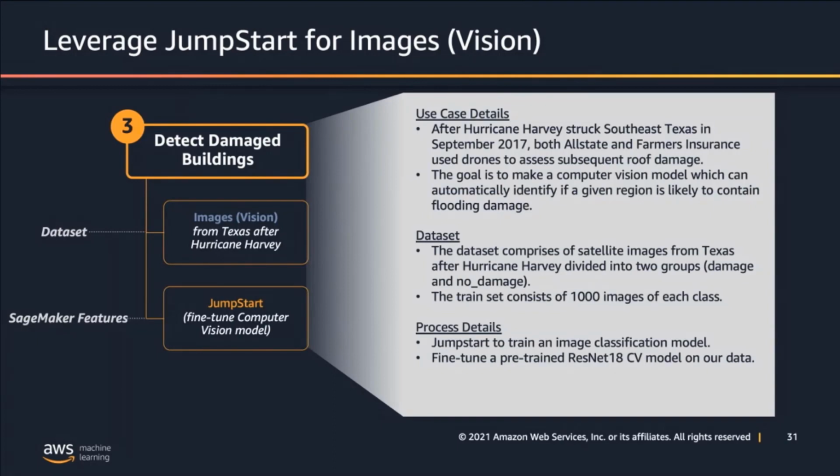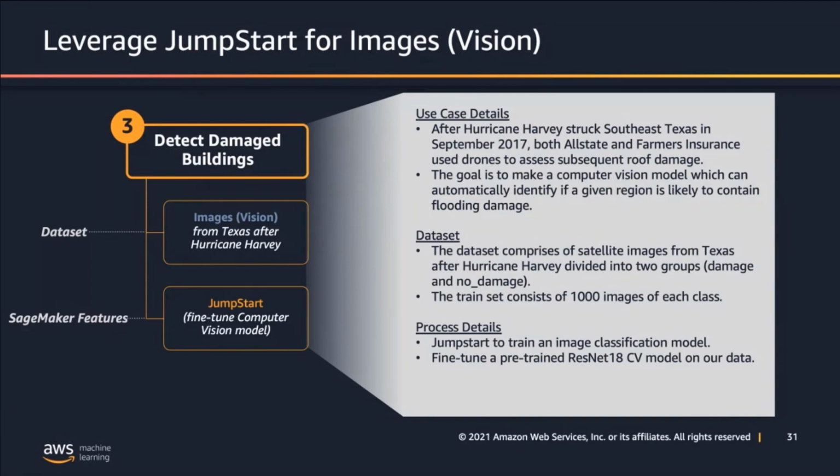For this use case, we will focus on computer vision, and more specifically, we will aim to get into the shoes of Allstate and Farmers Insurance right after Hurricane Harvey. They were trying, at that time, to predict very quickly which buildings in Southeast Texas were damaged or not, simply by seeing an image.